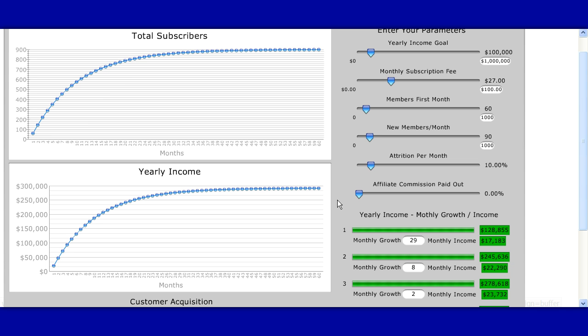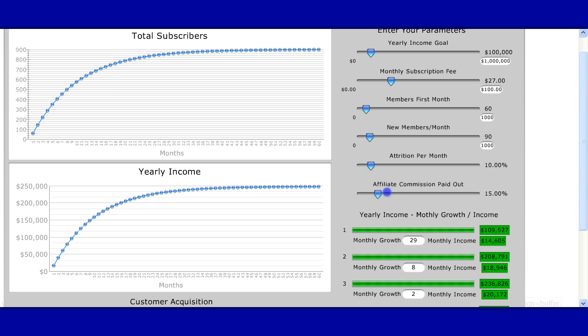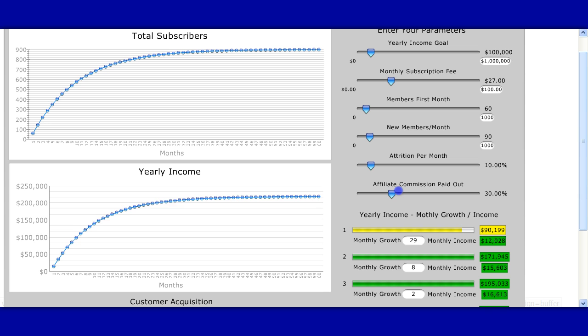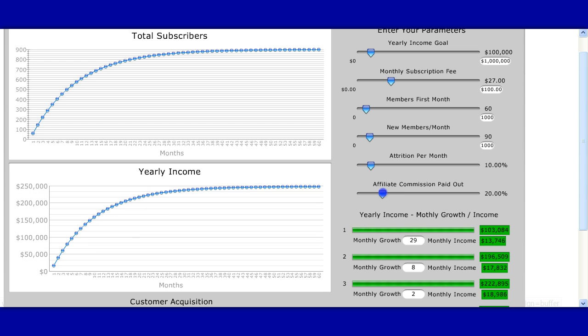Now, in this case, there is no affiliate commission that we're paying on that particular software, so we'll just keep that at 0. But if that's something that you would like us to do for you, we could create a commission plan for your salespeople. Excuse me, not customers. Depending on what your profit level is, let's say 15, 20%.